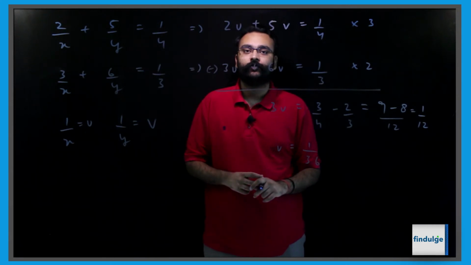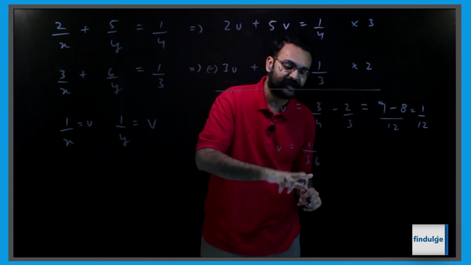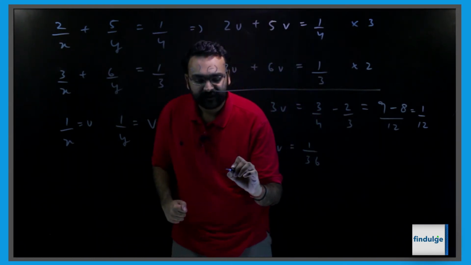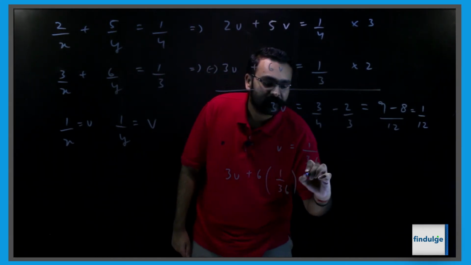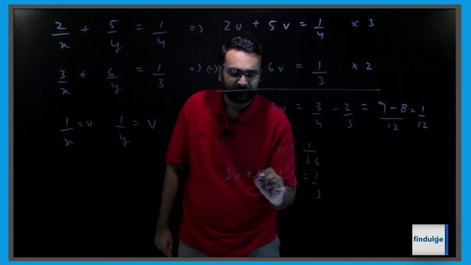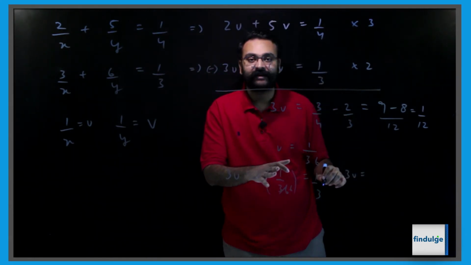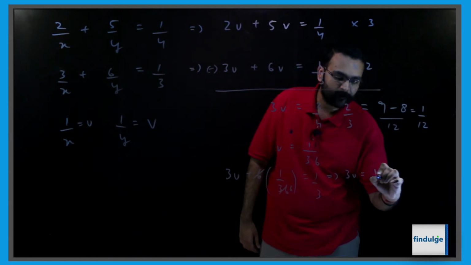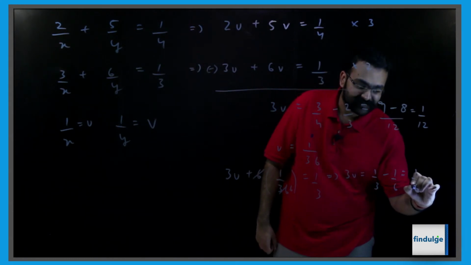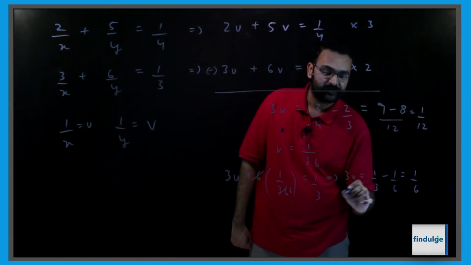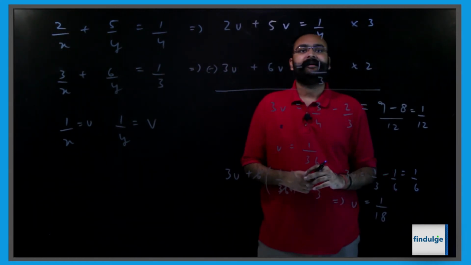Coming and replacing it into one of the equations, I'm going to choose the second one simply because I can see 6 and 36. I'll get 3u plus 6 into 1 by 36 is 1 by 3. That means 3u is 1 by 3 minus 1 by 6. That is just 1 by 6, which means u is 1 upon 18.